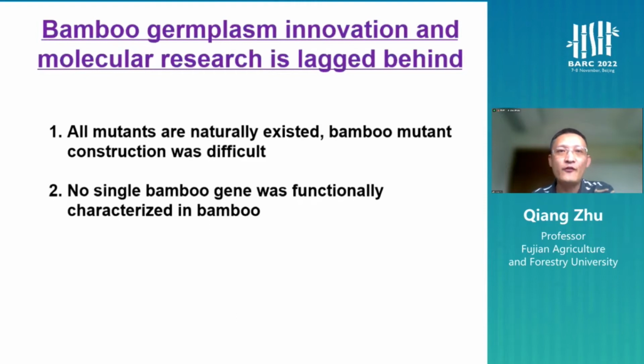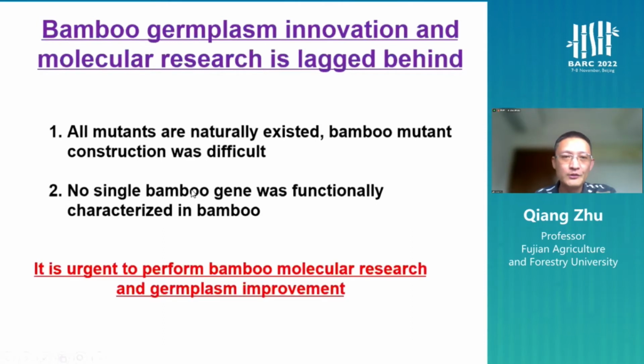Although we use bamboo for quite a long time, the bamboo germplasm innovation and molecular research largely lag behind. At present, all the mutants are naturally existing. Bamboo mutant construction is difficult. And at present, no single bamboo gene was functionally characterized in bamboo. So it's urgent to perform bamboo molecular research and germplasm improvement.